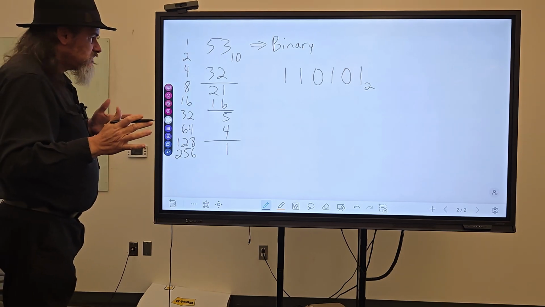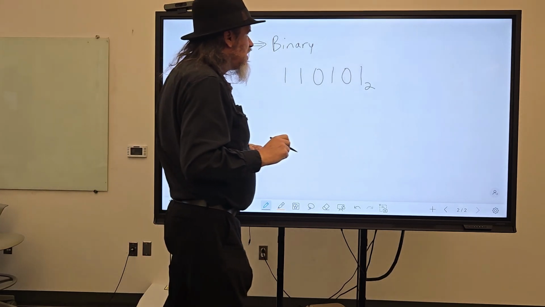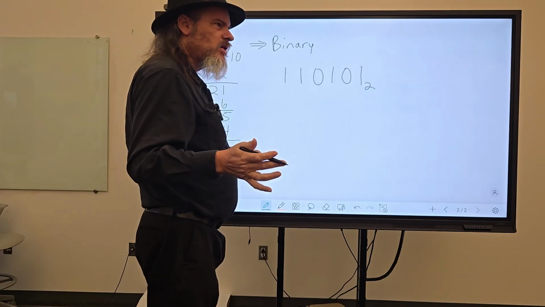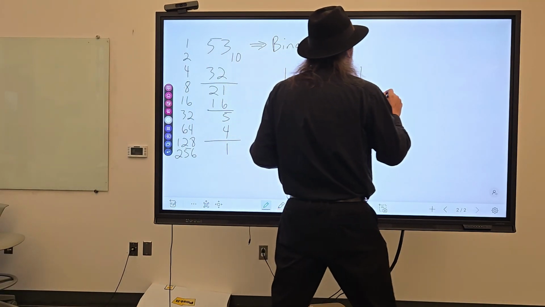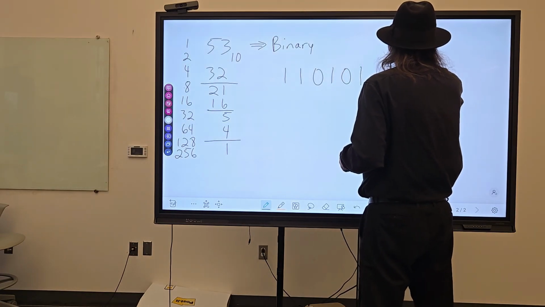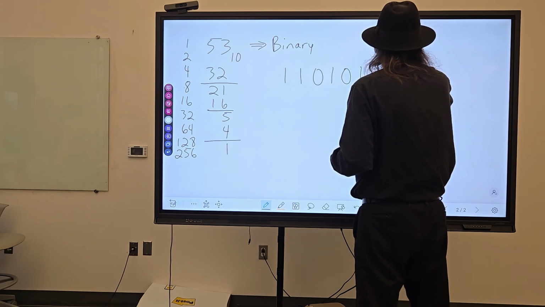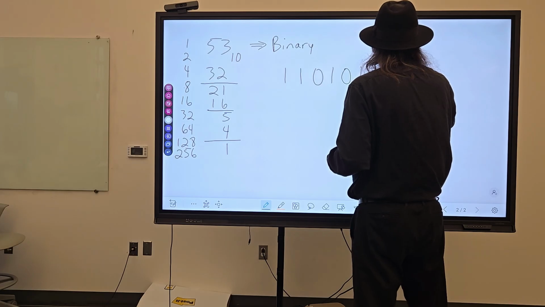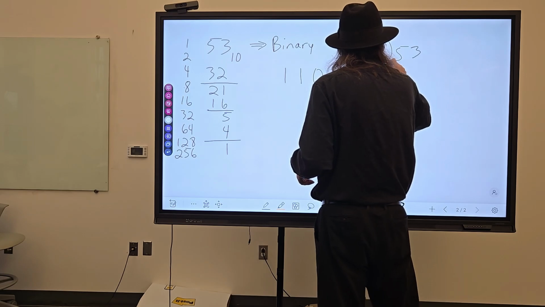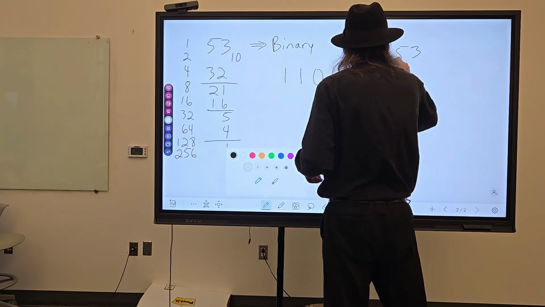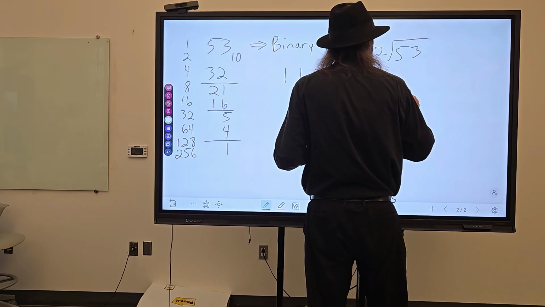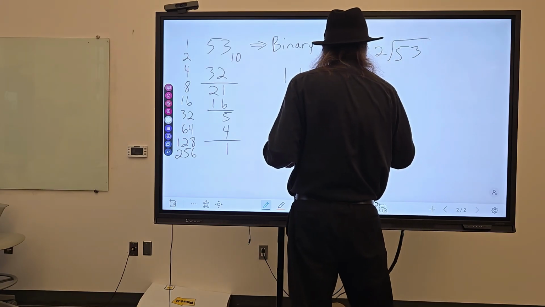The other way of doing it that I've seen is common in programming: take your 53 divided by 2, and what your remainder is gives you a digit.